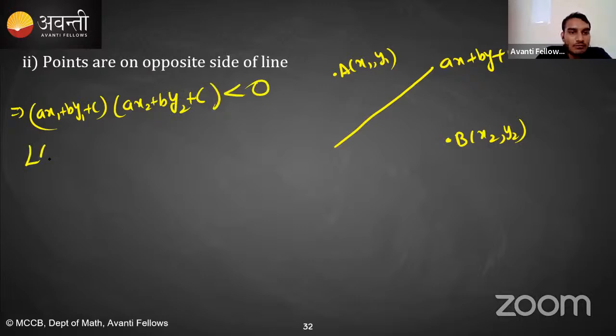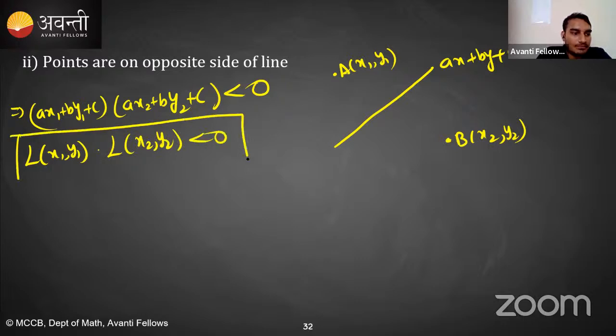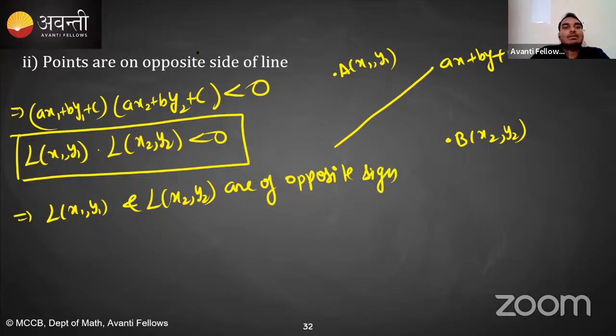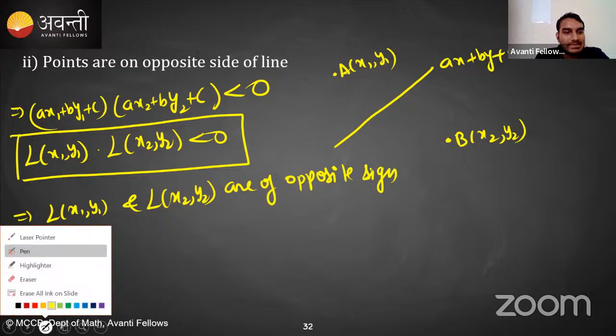So L(x1, y1) into L(x2, y2) is less than 0. Is this clear, students? It implies L(x1, y1) and L(x2, y2) are of opposite sign. Everyone clear?